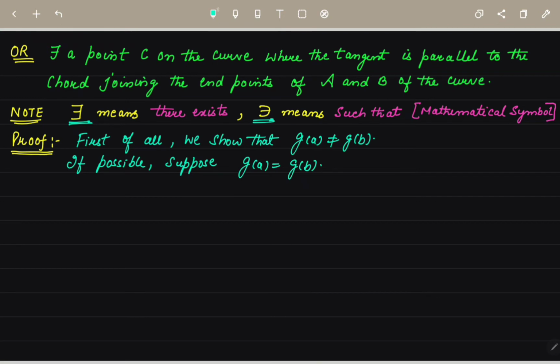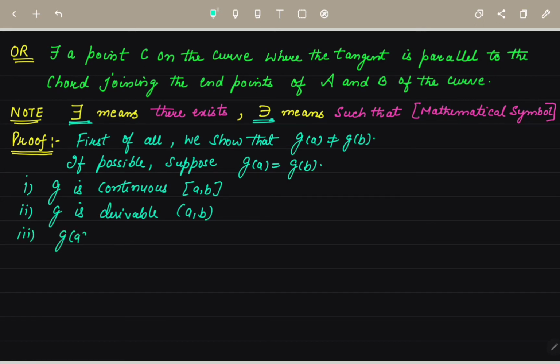Now we know that these functions are continuous in the closed interval [a, b], so g is continuous in [a, b]. Similarly, the second condition is that g is derivable in the open interval (a, b). The third condition is g(a) equal to g(b), because I am supposing that.